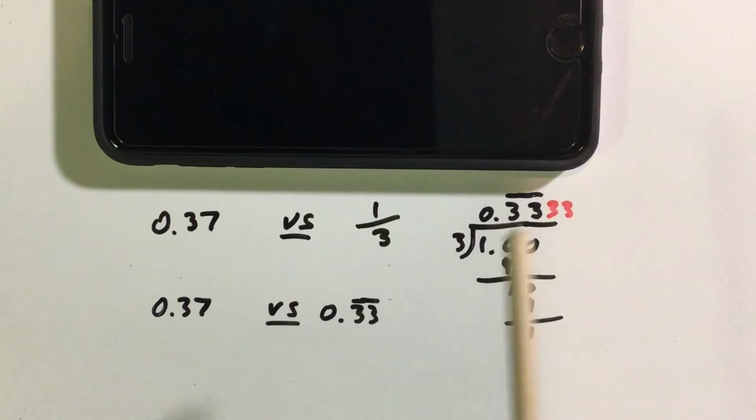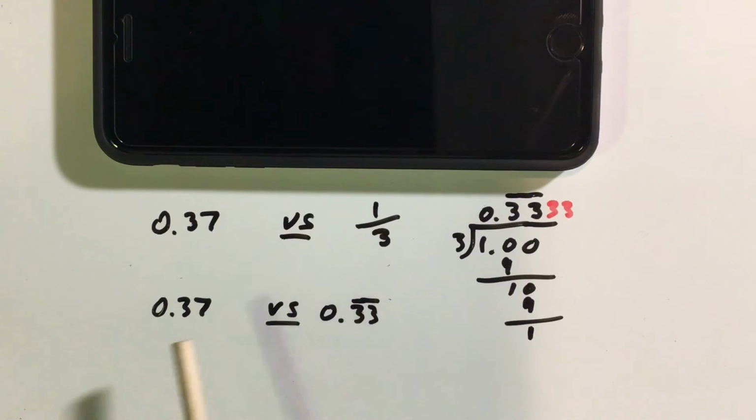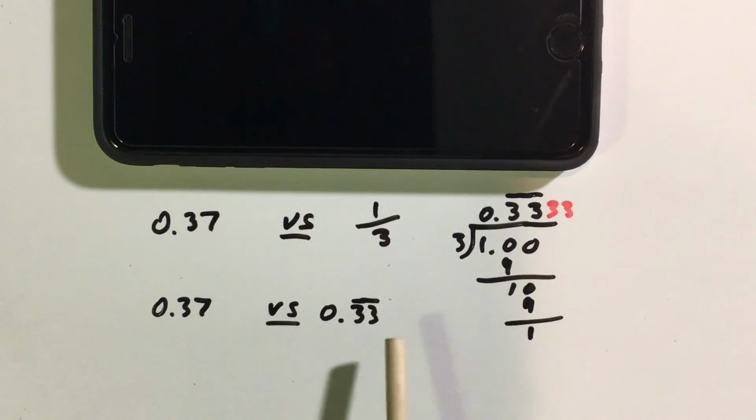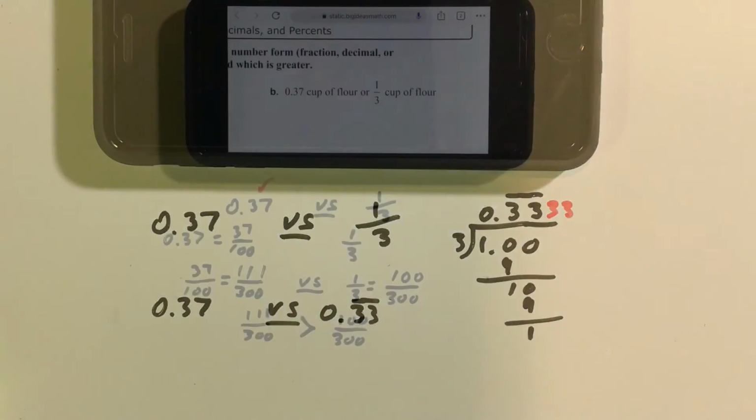All right, so now we can compare it and look at both of them as decimals, and still, even though this number keeps going on forever, it's still going to be smaller than 0 and 37/100. Therefore, 0 and 37/100 is bigger.